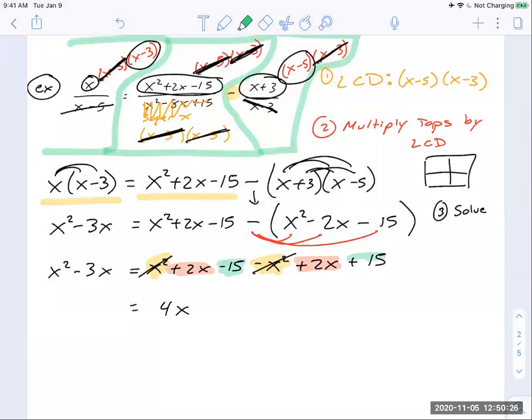Negative 15, positive 15. Those two cancel. Bring down x squared minus 3x.